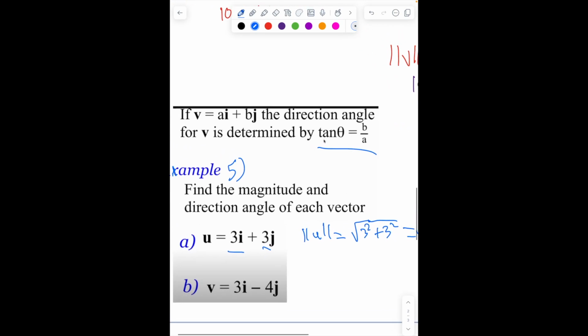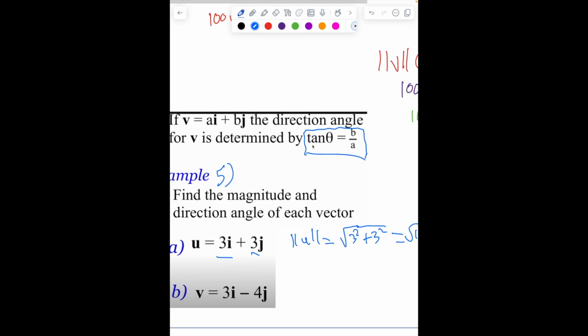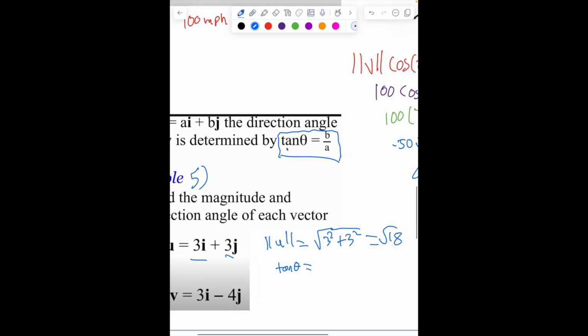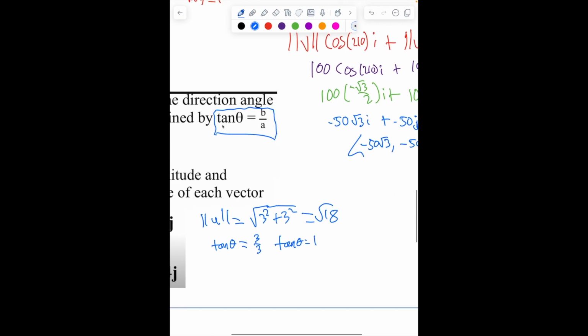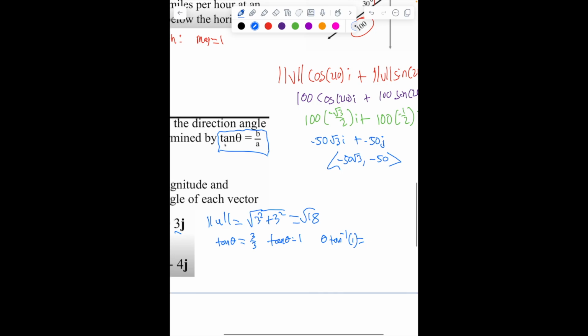To find the direction, I'm going to use this up above. My tangent of theta equals b over a, which is 3 over 3, which would just be 1. So tangent of theta equals 1. And where do we find tangent equal to 1? We could get it at 225, or we could also find it at 45.